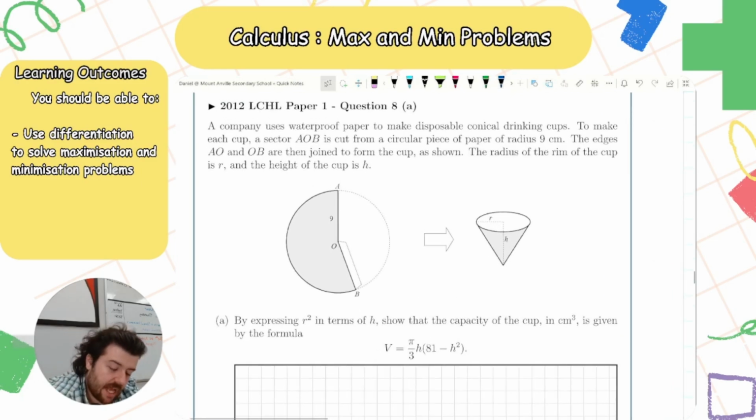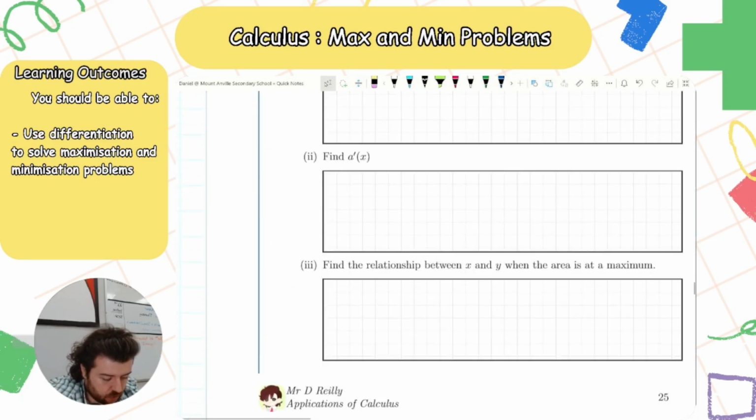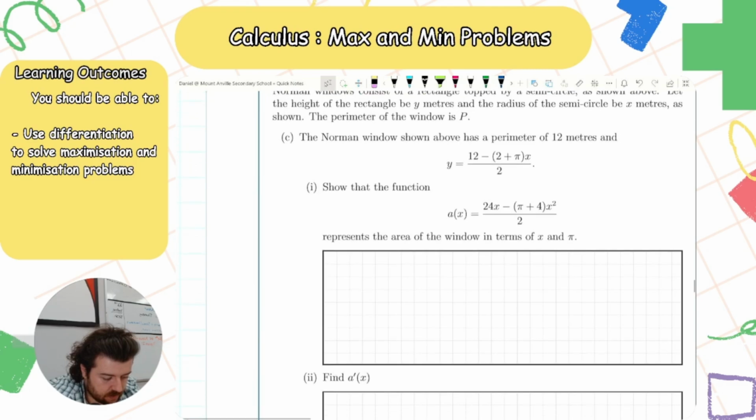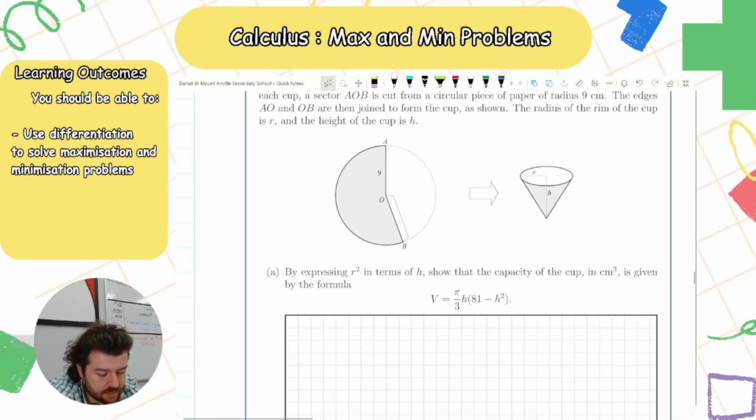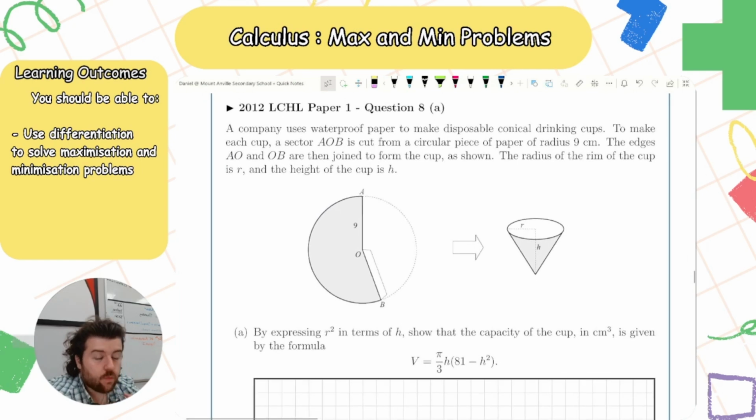Right, let's look at this one now. We have two questions left. So, a company uses waterproof paper to make disposable conical drinking cups. Each cup is a sector AOB cut from a circular piece of paper of radius 9 centimeters.